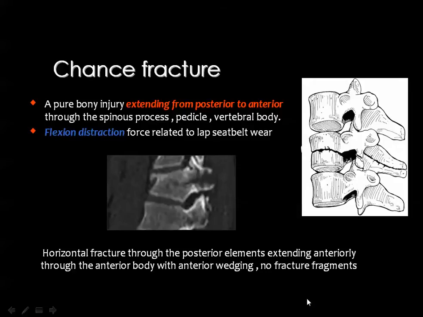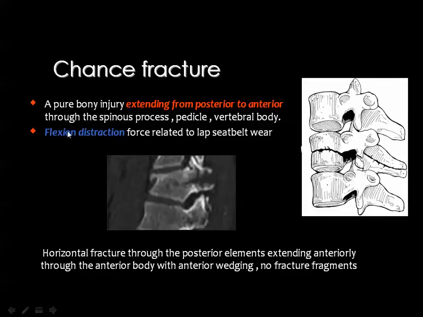One of the fractures that are known in the lumbar spine is what we call chance fracture. This is a pure bone injury extending from posterior to anterior. It affects the posterior neural elements, then goes through the vertebral body. The injury passes through the spinous process, the pedicle, then the vertebral body.